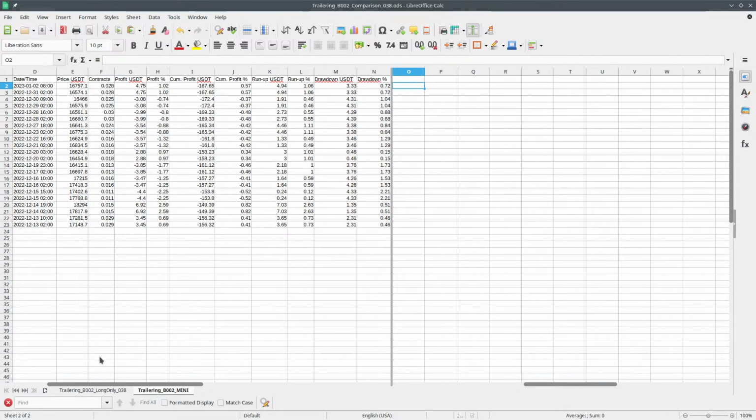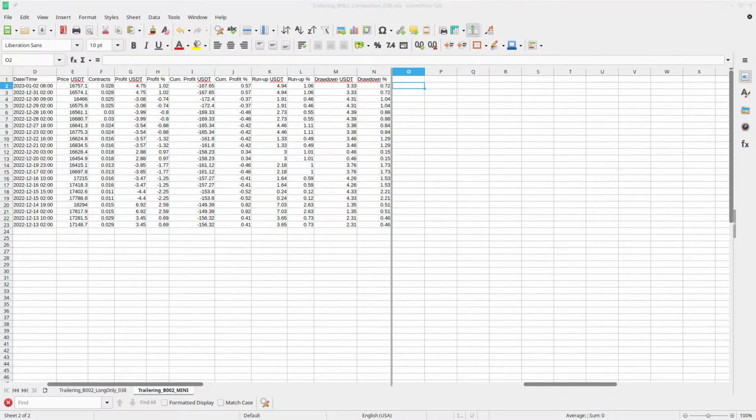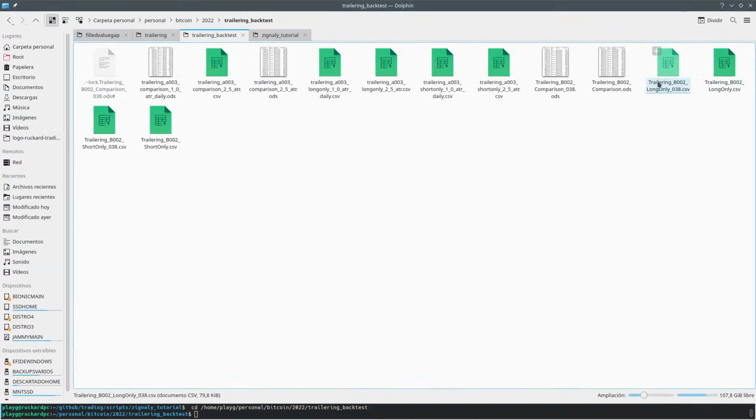Okay, so now I'm going to work on taking the data from the other spreadsheet, which is short only, through this one here.